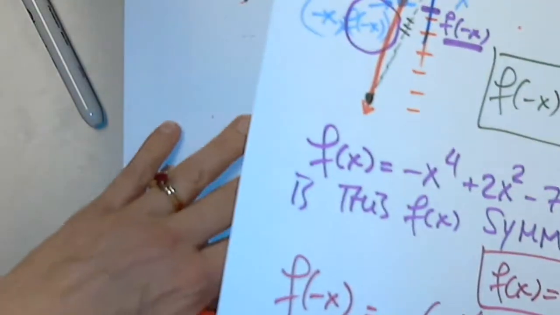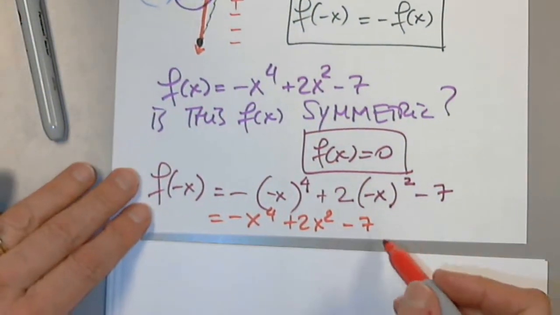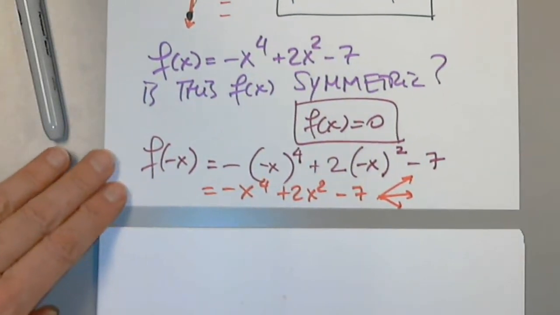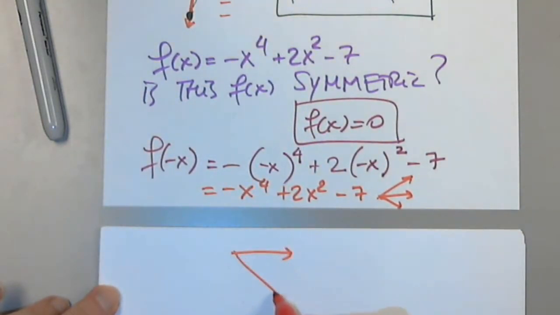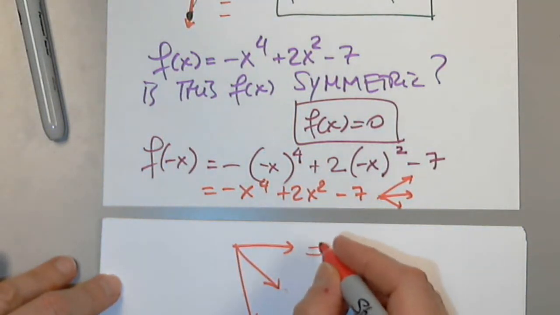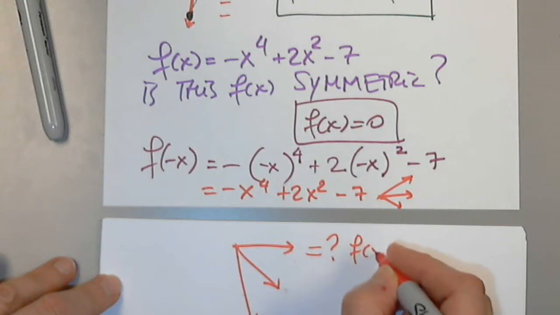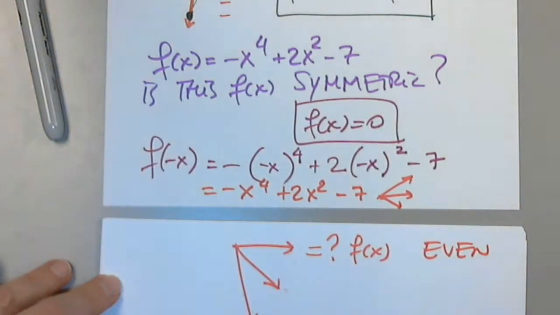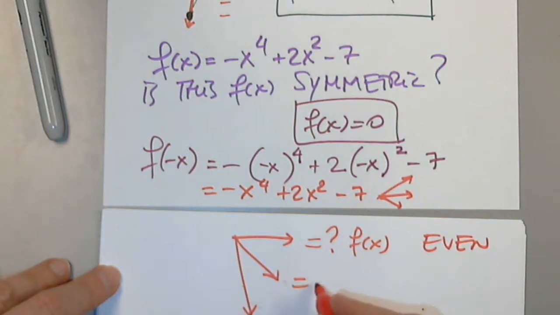At this point in time, I'm asking myself 3 questions. I don't have enough room, so I'm going to the next page, of course. So here are my questions. Does this equal f of x? If I say yes, I will conclude the function is even. Does this equal what?